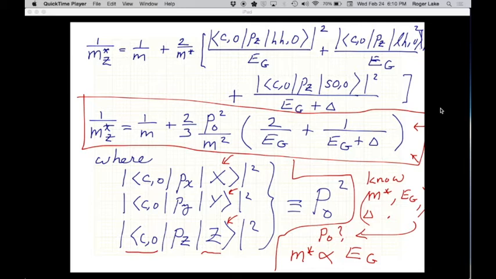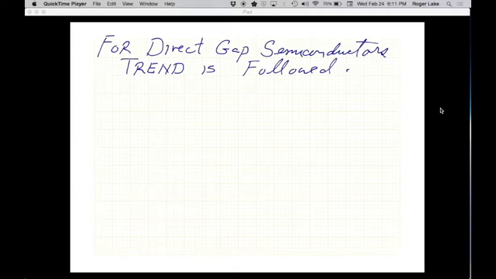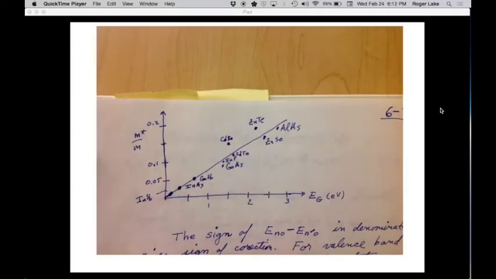Then according to this expression, the effective mass should approximately scale in the same way. So we can ask, does it? Well, yeah, in fact it does. For direct gap semiconductors, this trend is followed pretty well. This is the trend.